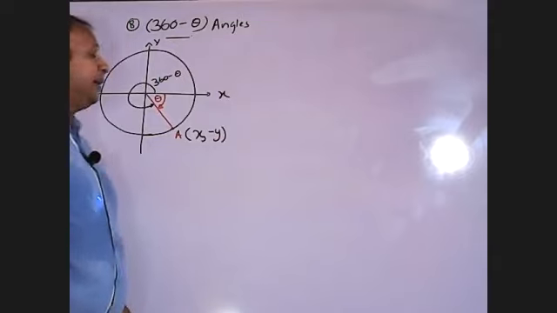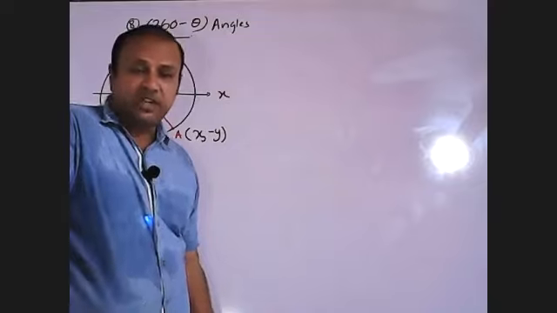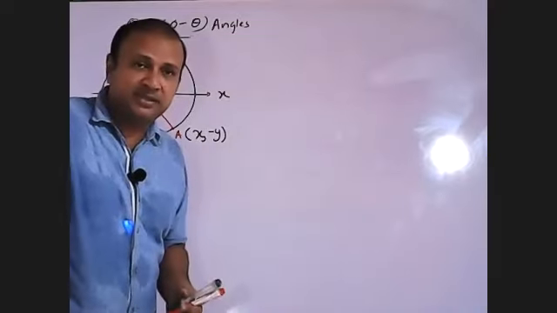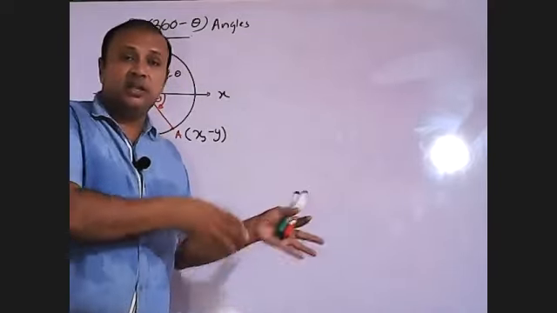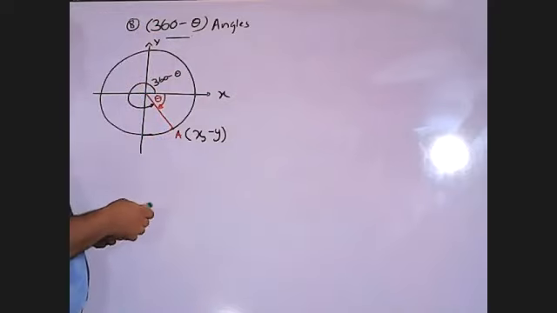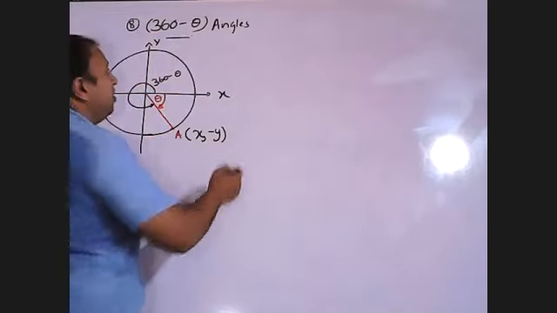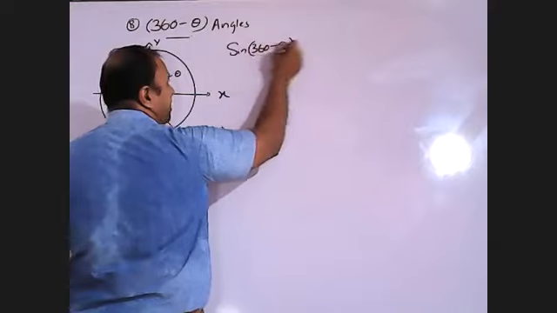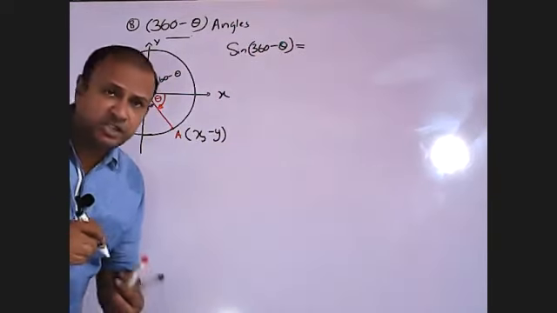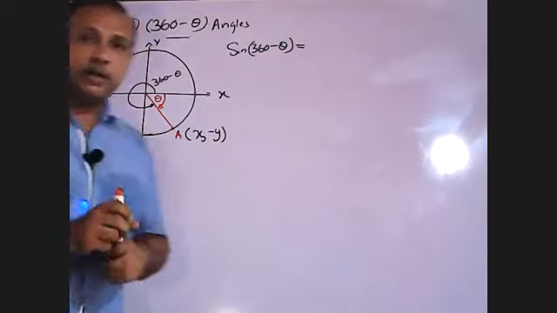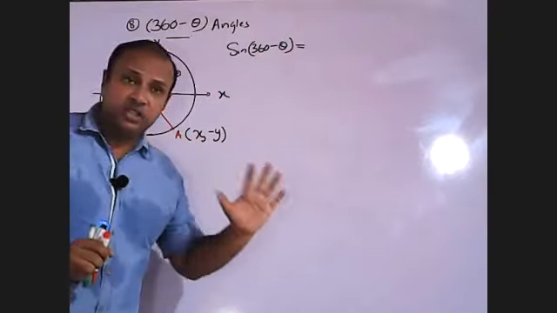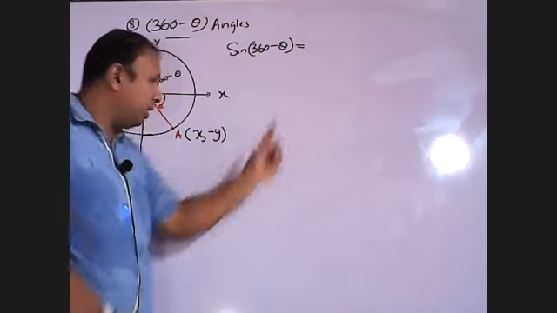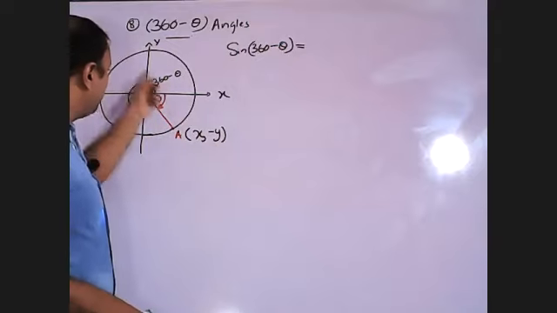Now I can write an expression for sine 360 minus theta and cos 360 minus theta using the definitions of the unit circle. According to the definition of the unit circle, the sine value should be equal to the y coordinate of the corresponding point.